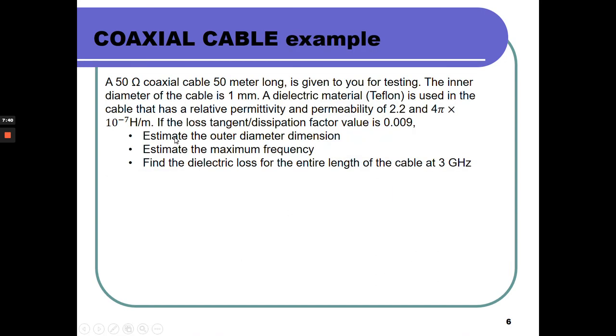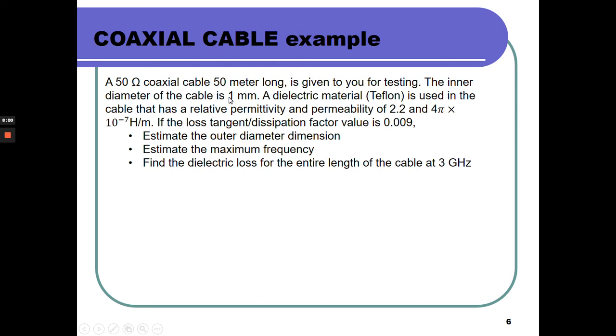The example says a 50 ohm coaxial cable, 50 meters long. So the length of the cable is known, and the characteristic impedance of the cable is given also, for you to test. The inner diameter is 1 mm.